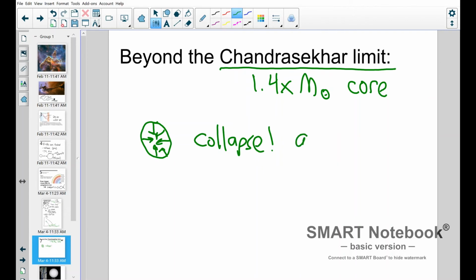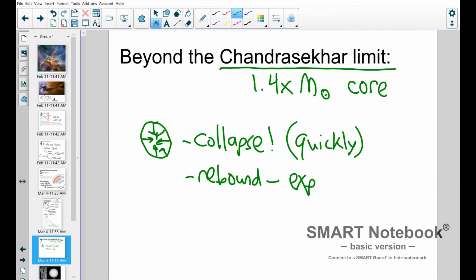This happens very, very quickly, unlike the cosmic burp. We get a massive collapse and we get a rebound of material outwards in a big explosion. And that is what the supernova is. What we're left with is still a core of material.